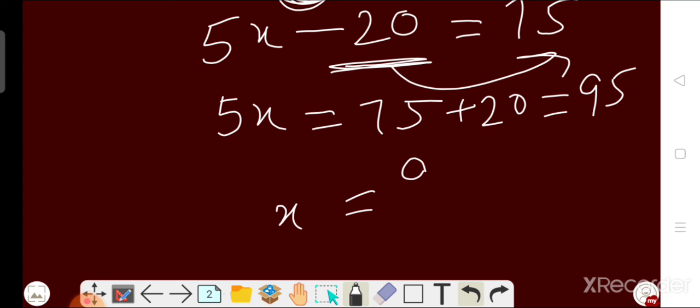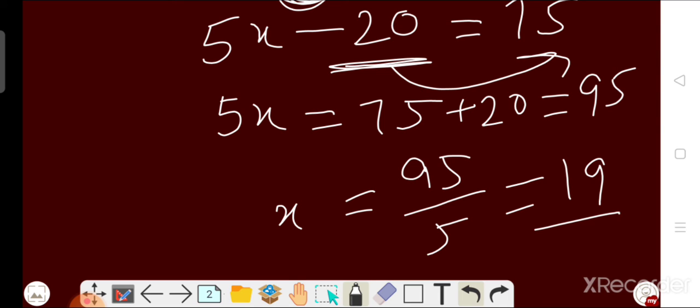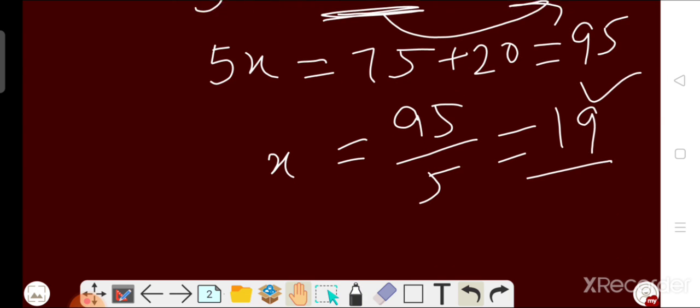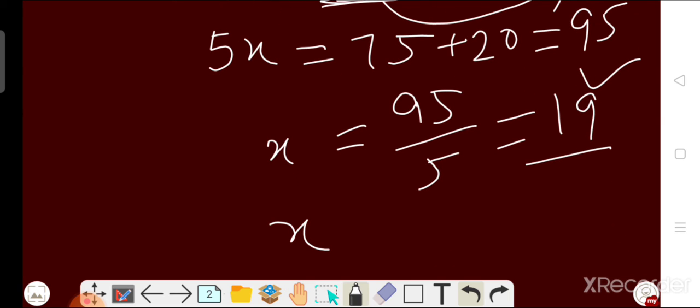So x is equal to 95 by 5. When we cancel 95 by 5, it will convert into 19, because 19 fives are 95. So the number of correctly attempted questions by Suruchi is equal to 19.